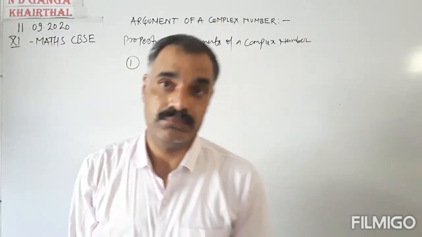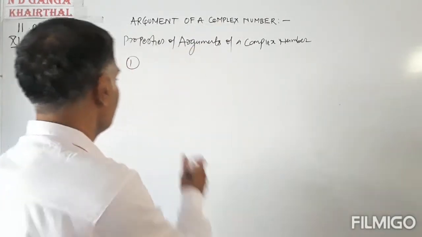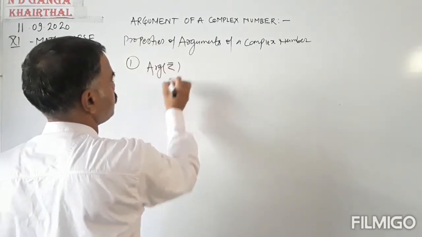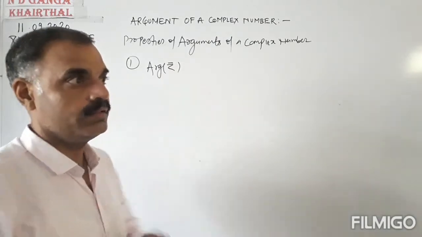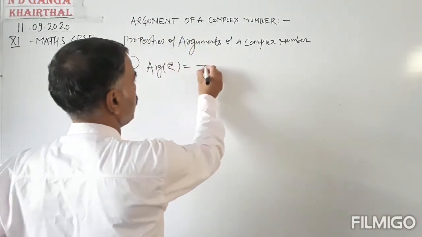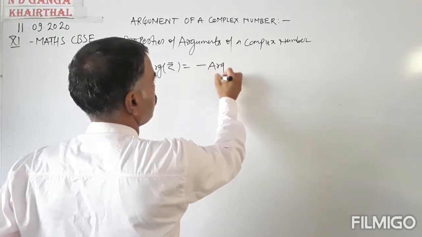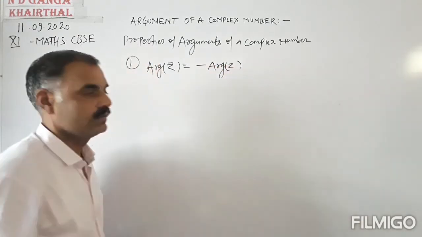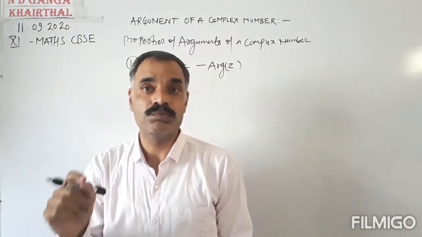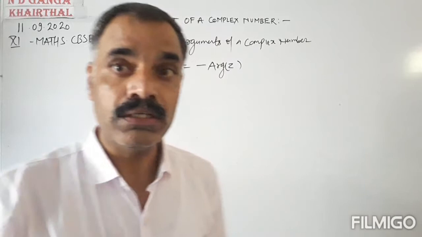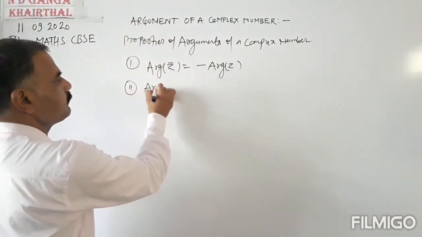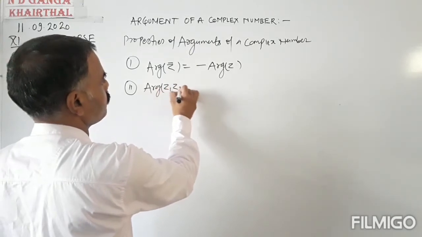a complex number is argument of Z conjugate. Argument of Z conjugate is equal to minus argument of Z. Second property is argument of Z1 Z2.